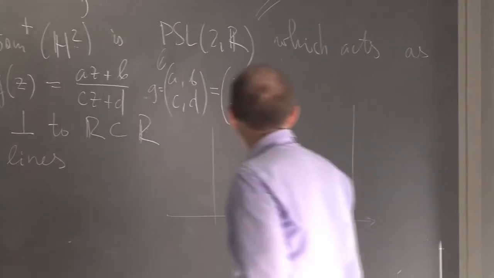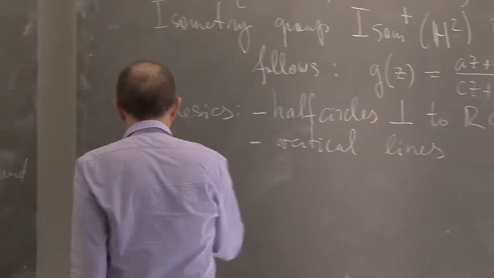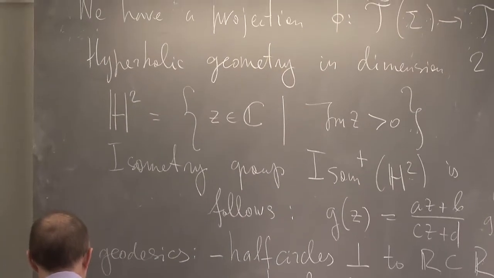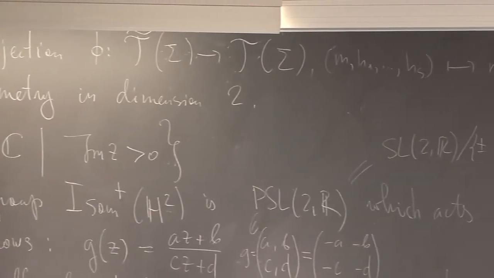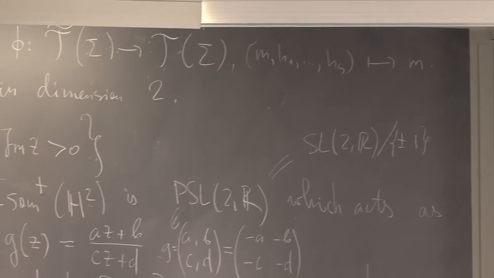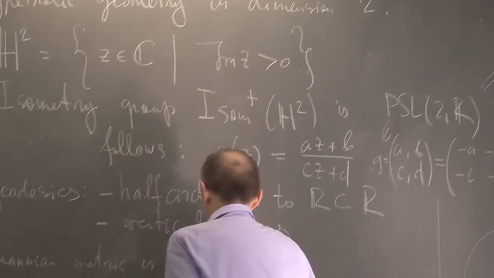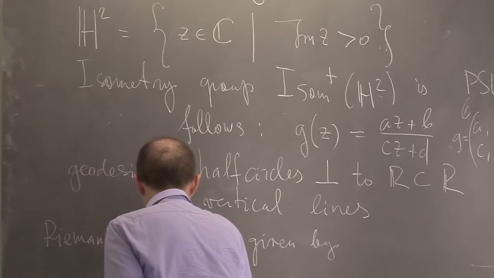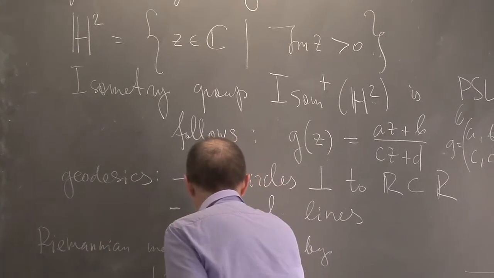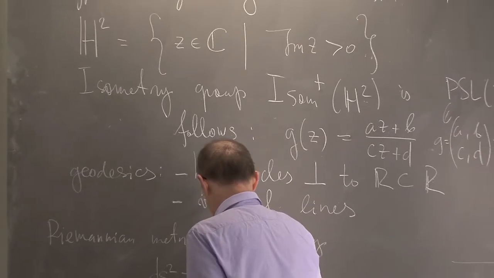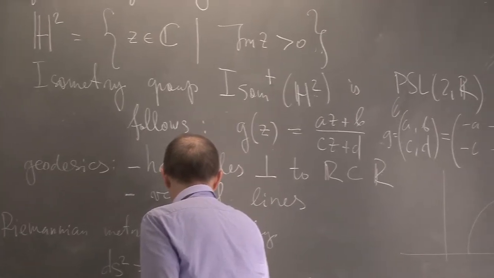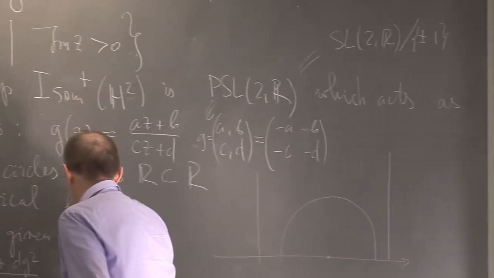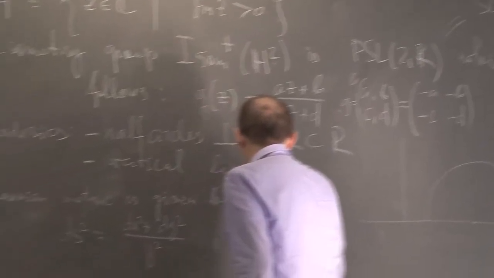And now, maybe how we measure the distance. The Riemannian metric is given by the length element ds squared, which is (dx squared plus dy squared) divided by y squared, where z is given by x plus iy.